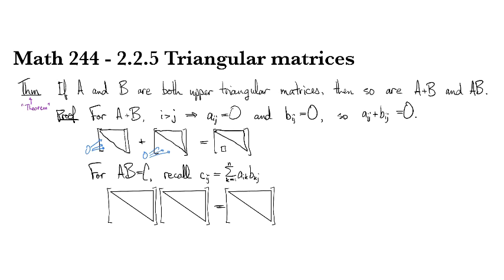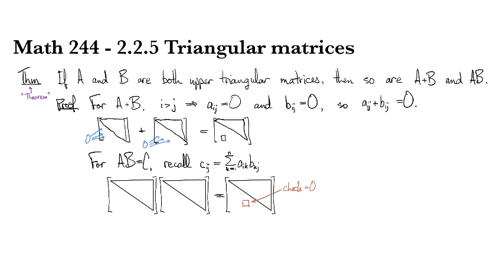Okay. Now, in order to see that the product of these two things is upper triangular, what we need to do is check that any entry we have that's below the diagonal is equal to 0.